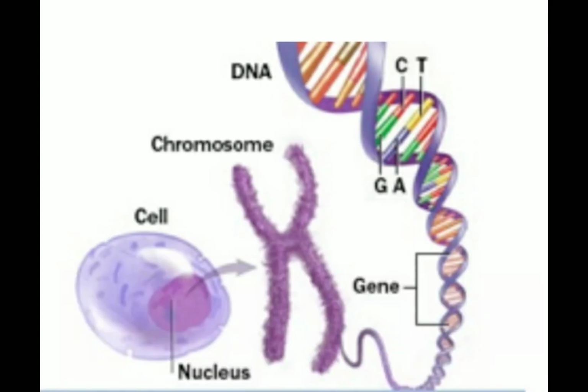Here you can see an image which shows the cell with a nucleus, and it also shows that the nucleus contains these thread-like structures called chromosomes. Also, it has been shown that these chromosomes are made up of these long helical structures called DNA, and particular strands of these DNA or sections you can say are known as genes.